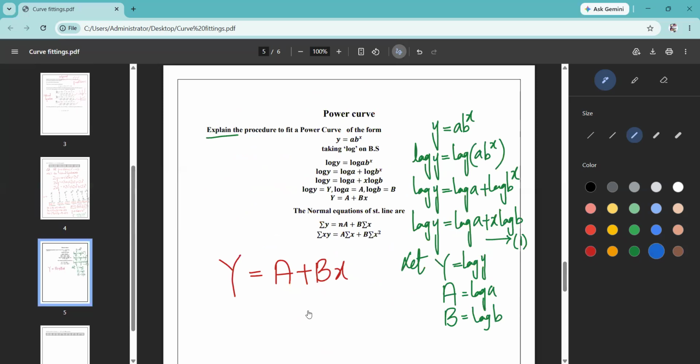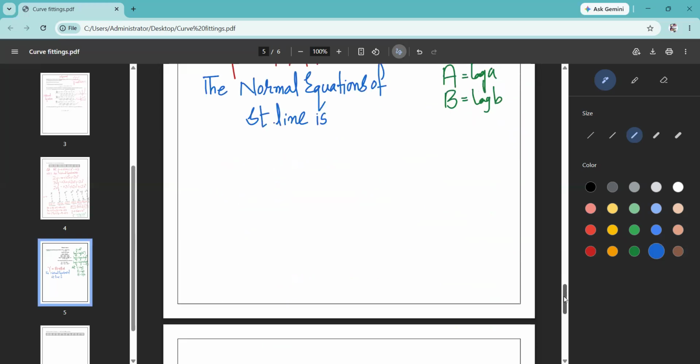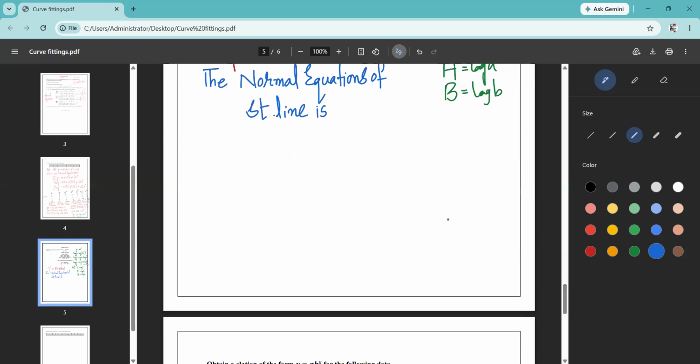I'm writing the normal equations of the straight line, which we have already done. What are the normal equations? Just the small n and capital N are the changes.